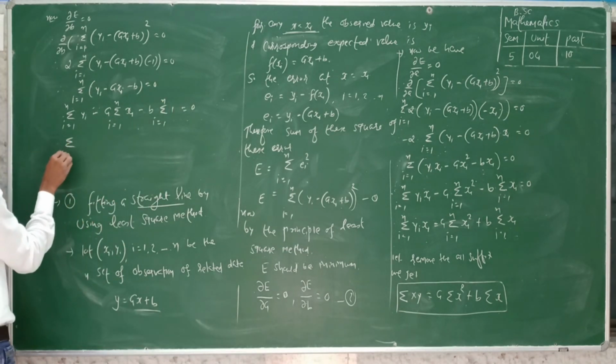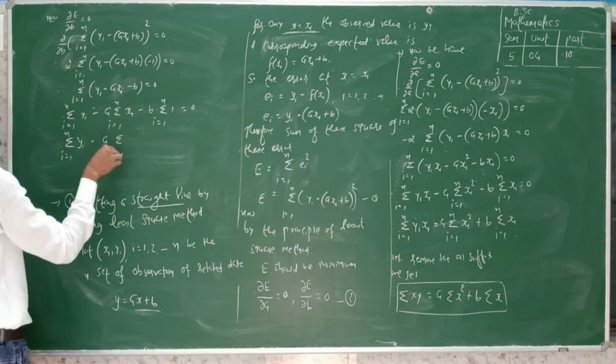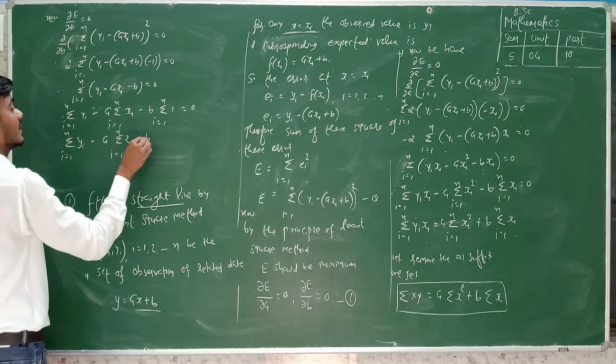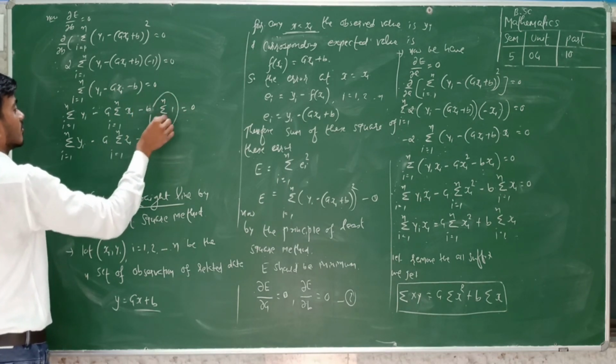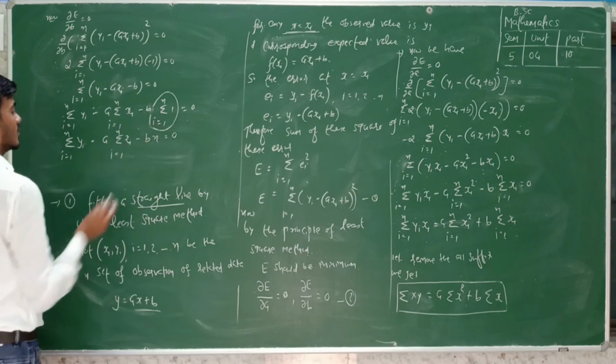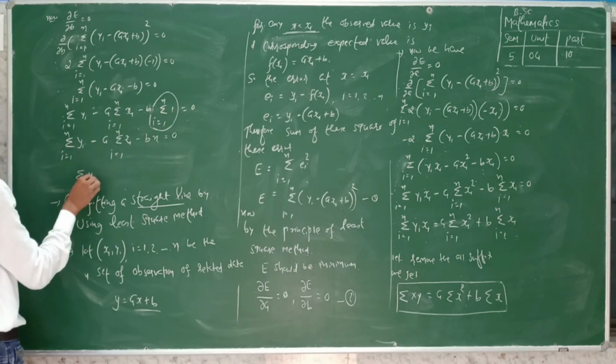So sigma i equal to 1 to n yi minus a into sigma xi minus b into sigma 1, that means sigma 1 from 1 to n. These two terms are put on the right hand side and we remove the suffix.